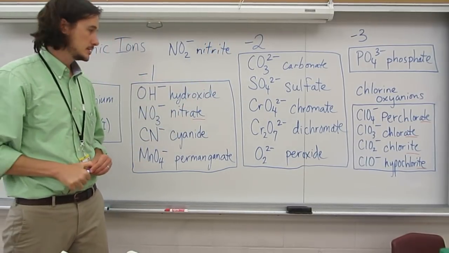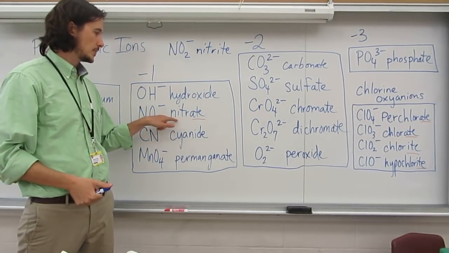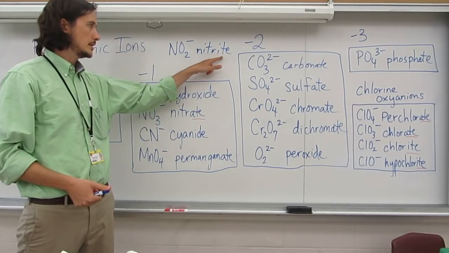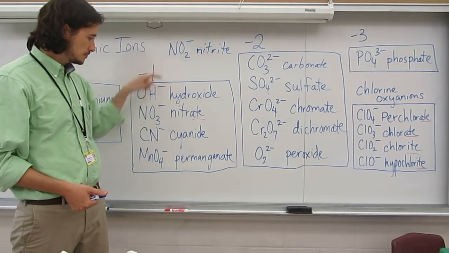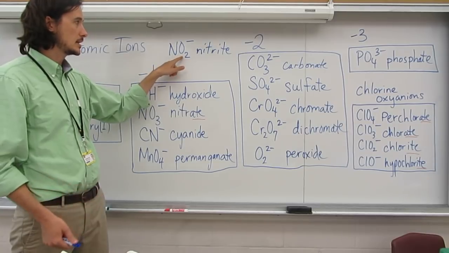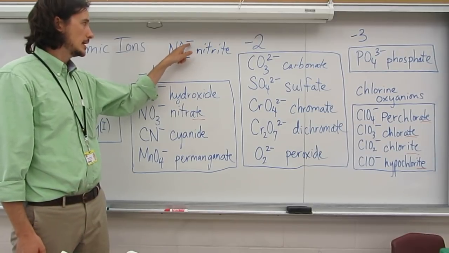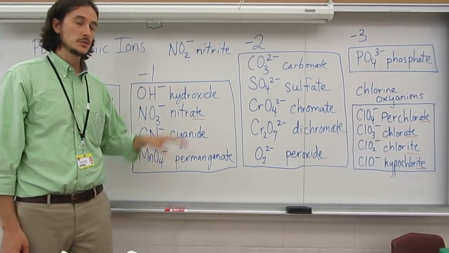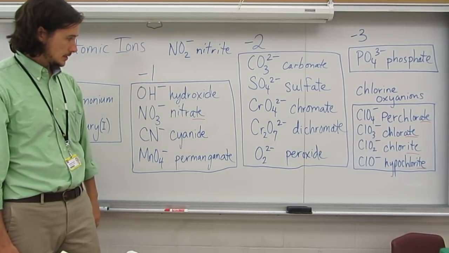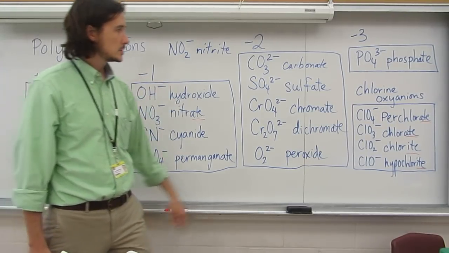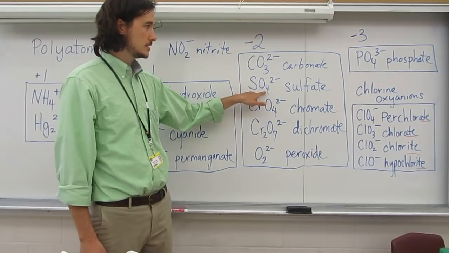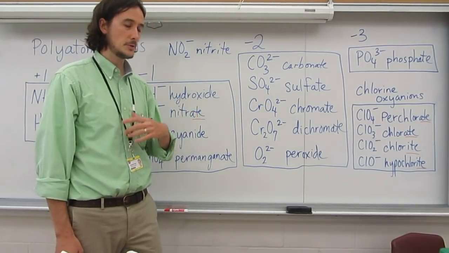So we have nitrite, right? If we change this ending from nitrate to nitrite, we have the same basic structure, but one fewer oxygen atom, and still the -1 charge. So that's nitrite. Doesn't happen with these other ones, but we can go over, we can see sulfate. There's not just sulfate, there's sulfite.